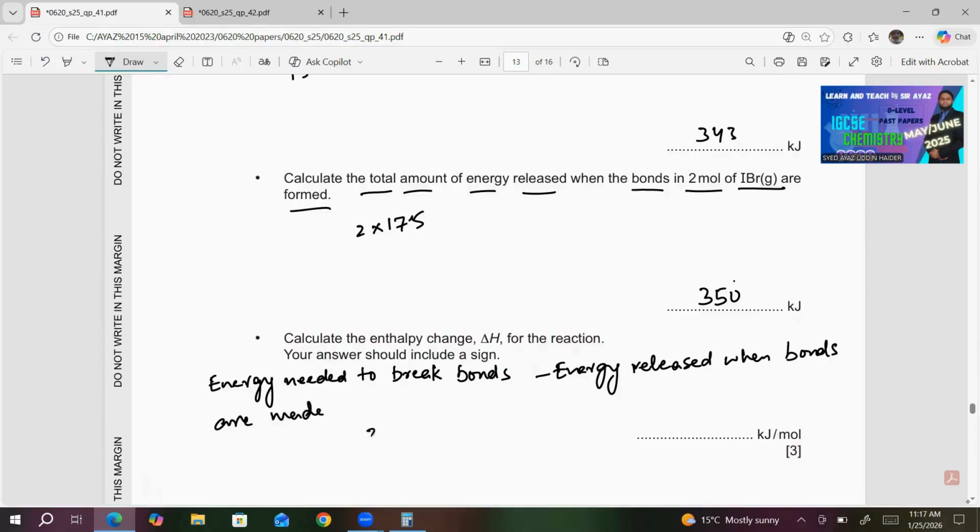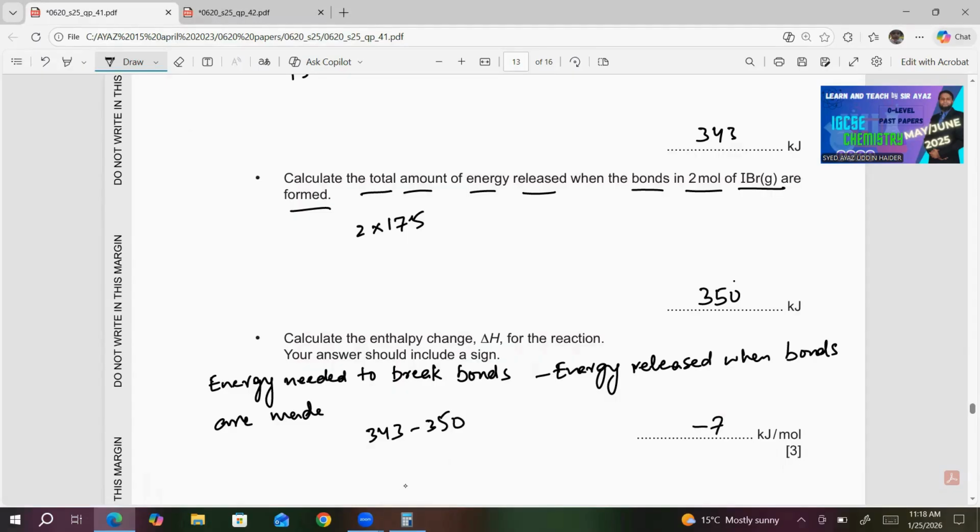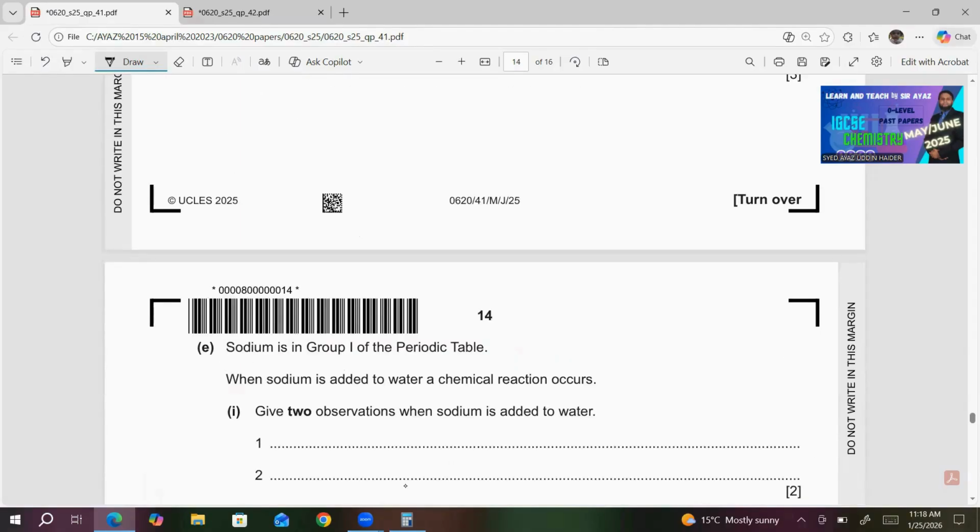So 343 minus 350. You will get -7. -7 kilojoules per mole will be the final answer.